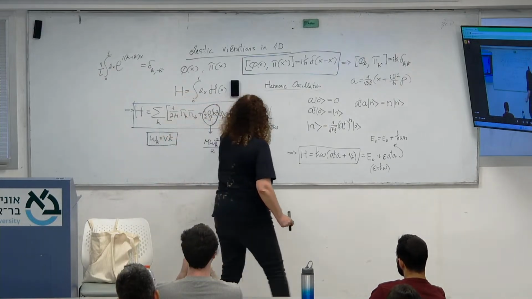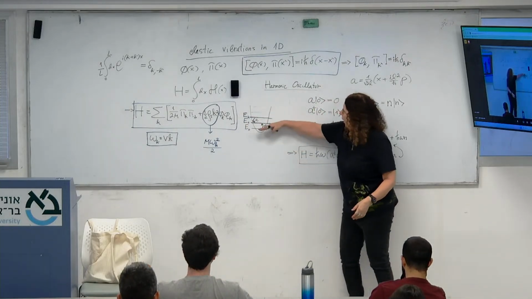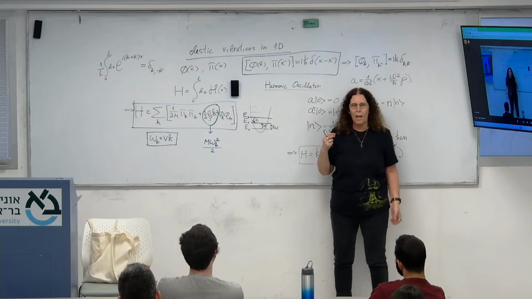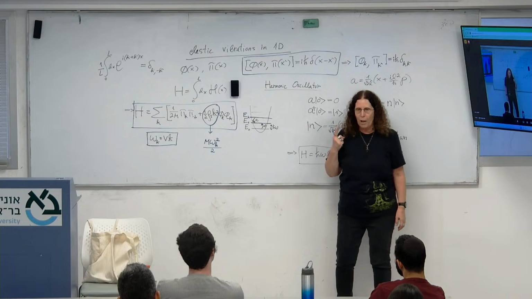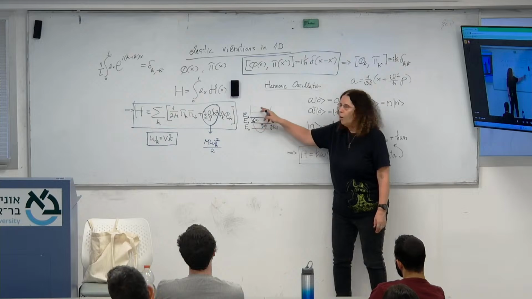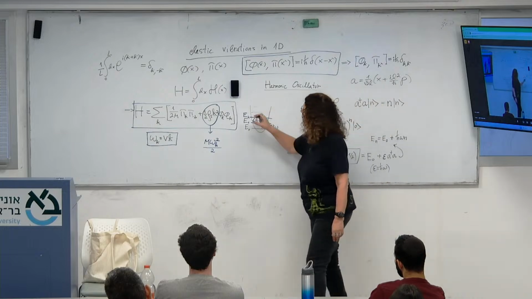So there is an alternative description, whereas what I plotted here is the energy spectrum of a single particle in a harmonic potential, which can occupy any of these energy levels, and these will be eigenstates.